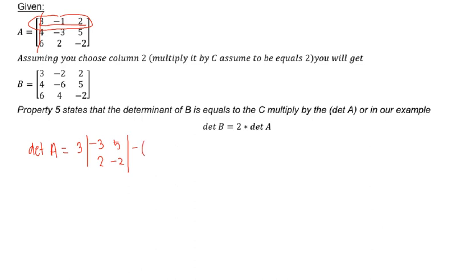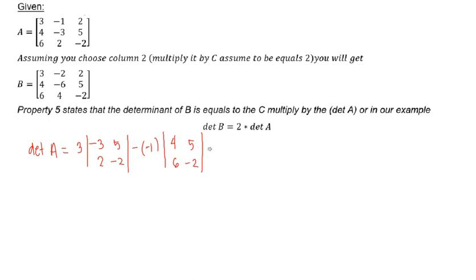So, minus negative 1 times, if we remove row 1, column 2, meron tayong leftover na 4, 6, 5, negative 2.